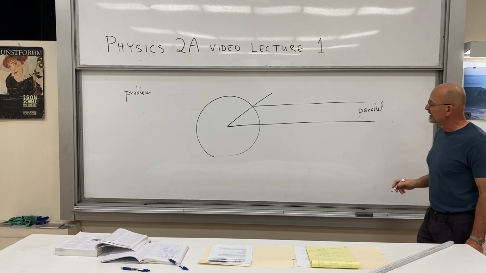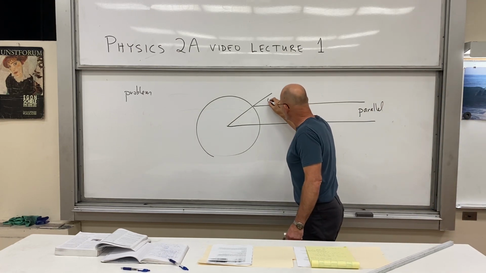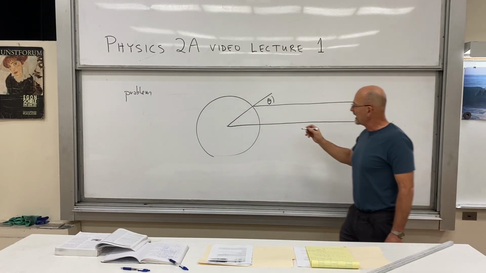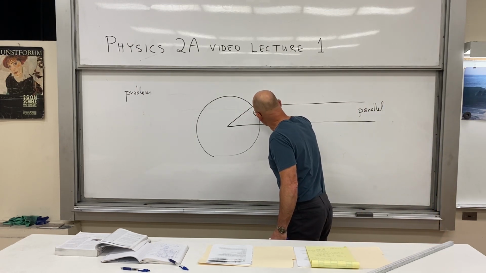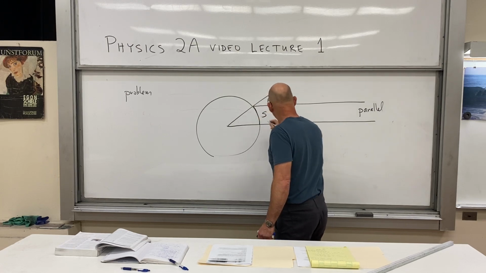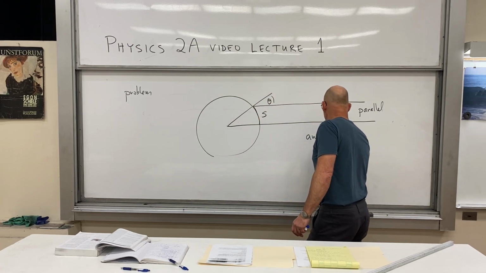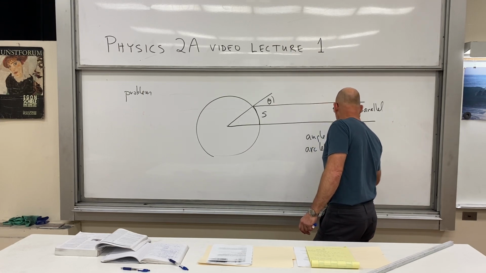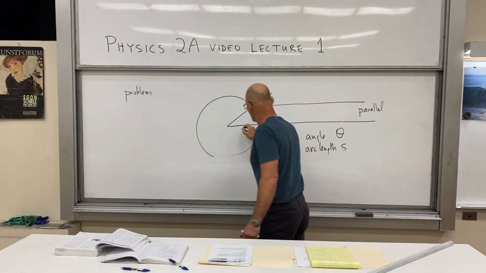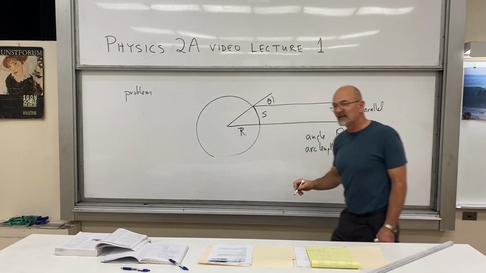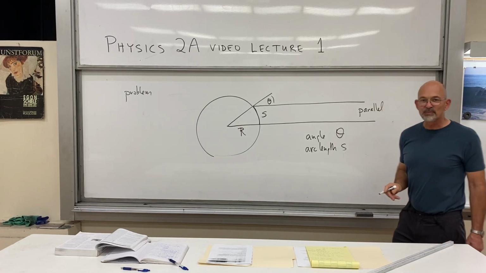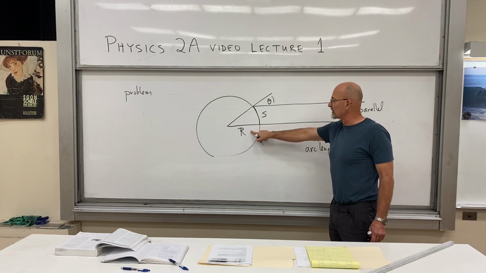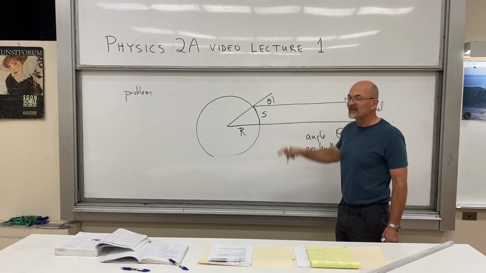So suppose we have an angle theta right here, and this arc length I'm going to label S. So we have the angle theta, we have the arc length S, and of course, that's a radius, R. We want to find an algebraic relation that expresses R in terms of S and theta.